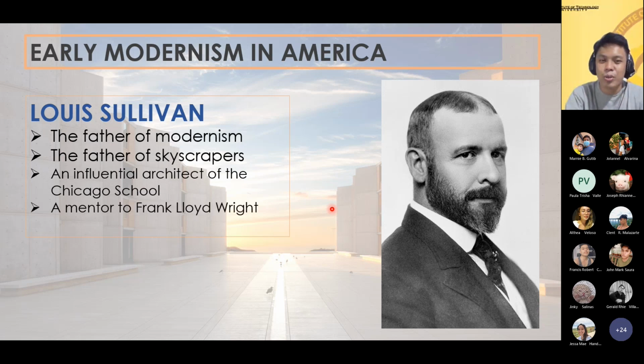And also a mentor to Frank Lloyd Wright. So siya boss ni Frank Lloyd Wright actually. And coined the term form follows function. So I think you're very familiar with the term form follows function. Sa among time, overly used ni siya nga term, form follows function. So actually ang nag-sulti niini is si Louis Sullivan.